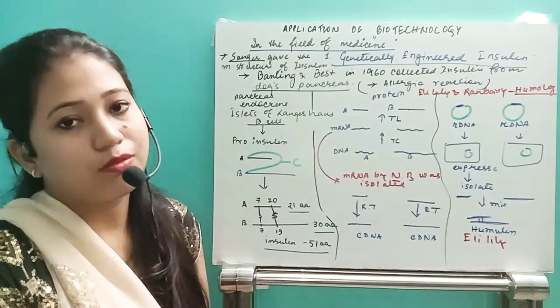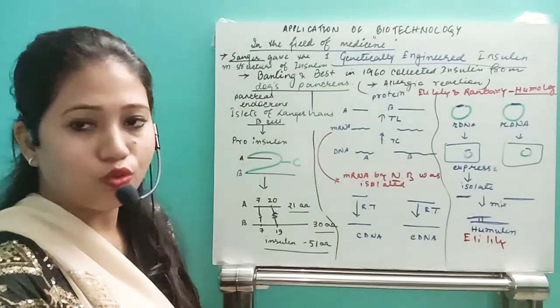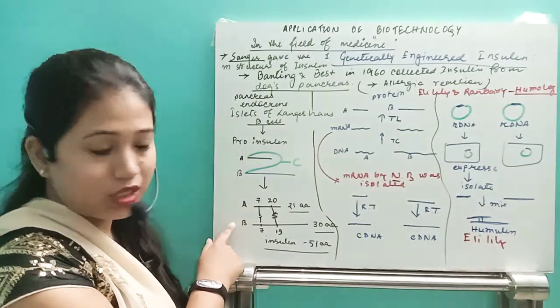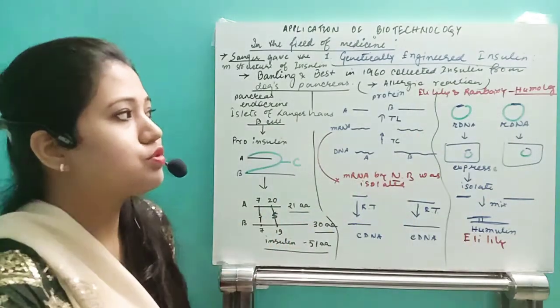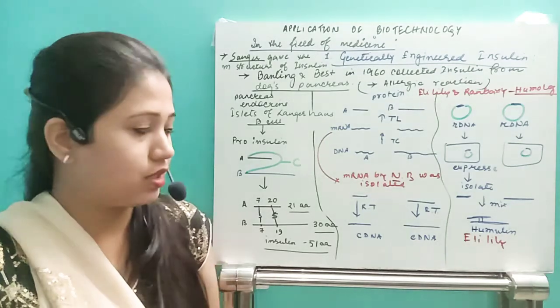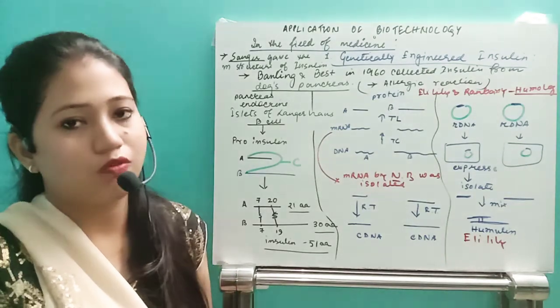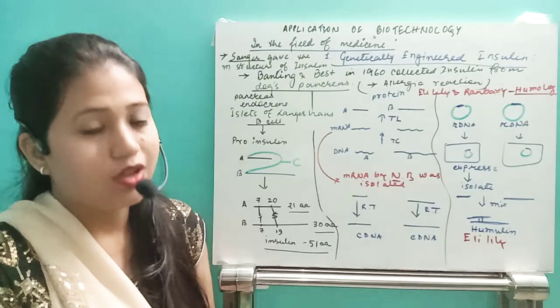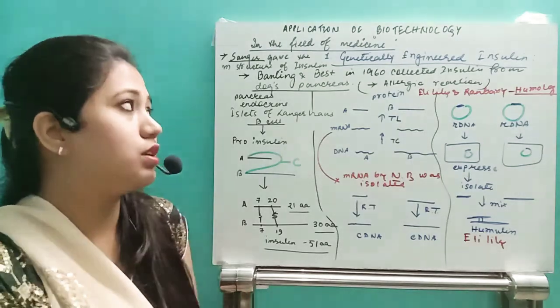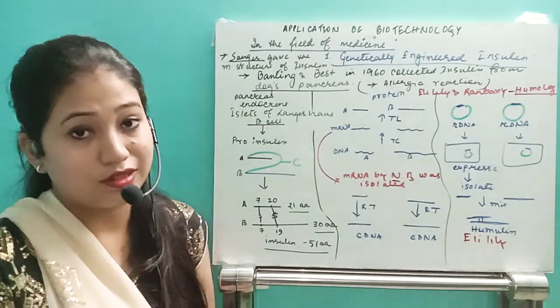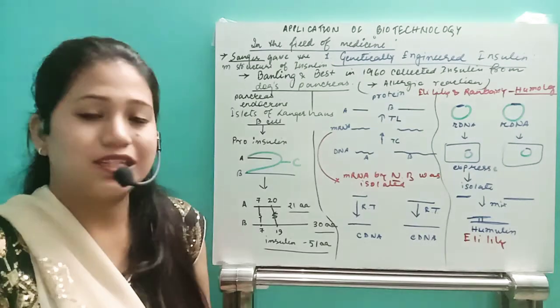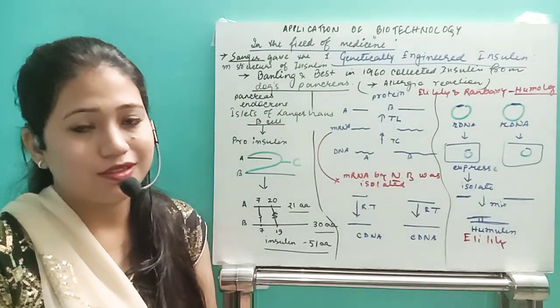So that's all about the production of insulin. You need to know the structure of proinsulin, insulin, and how it is produced. This is going to be a very important part. In boards and also in NEET, the questions are asked in many different ways. So that's all about the use of biotechnology in the field of medicine. The first one, that is genetically engineered insulin. So I hope you understand. Thank you.